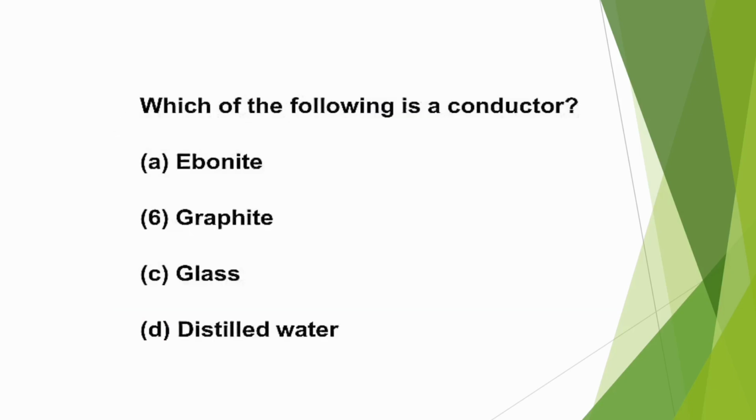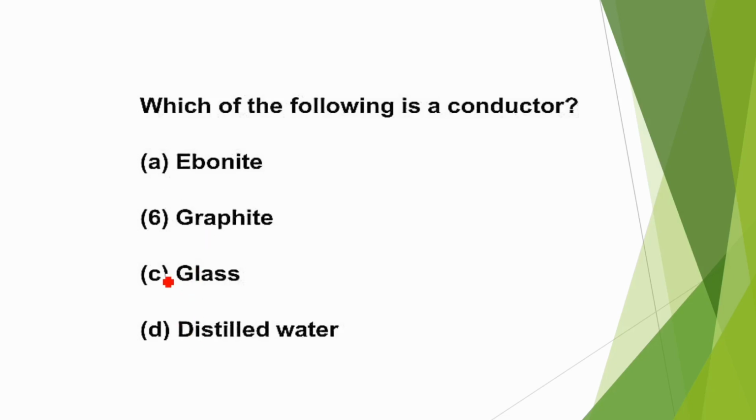The next question is: which of the following is a conductor? A, ebonite; B, graphite; C, glass; D, distilled water.